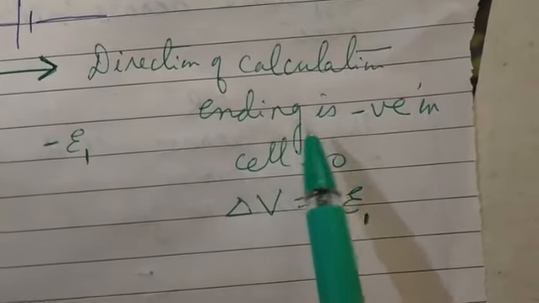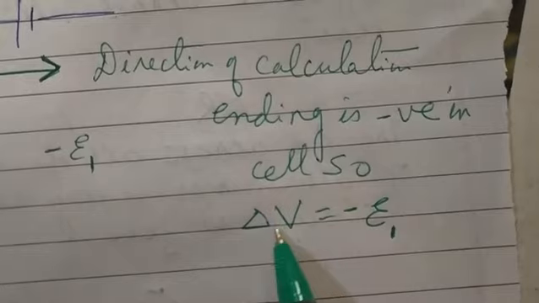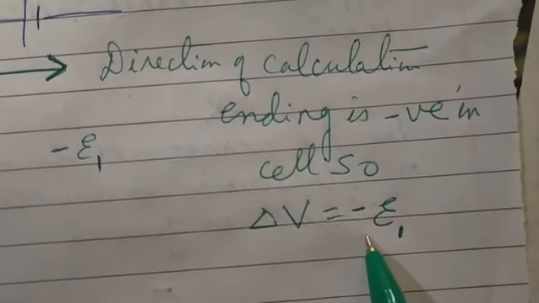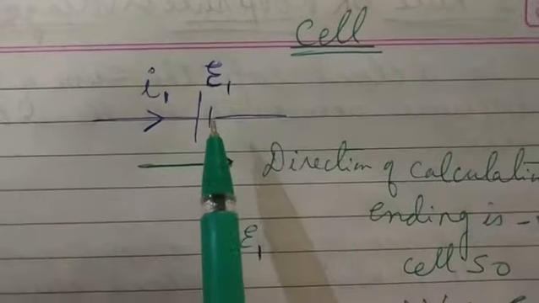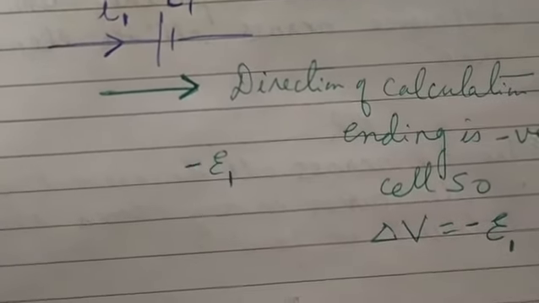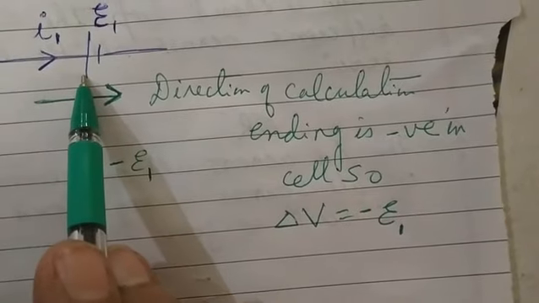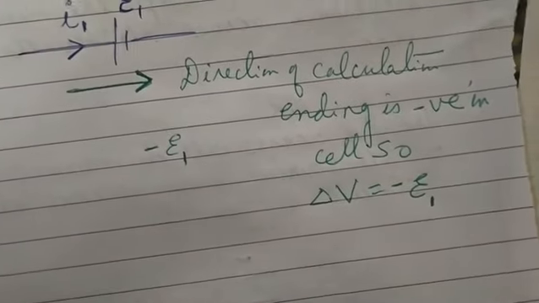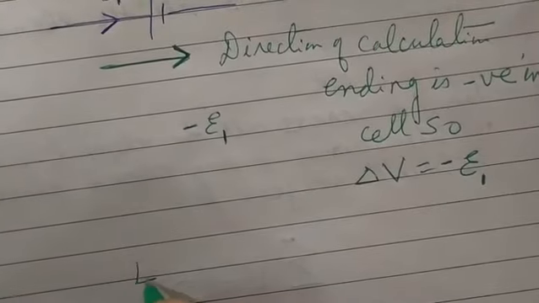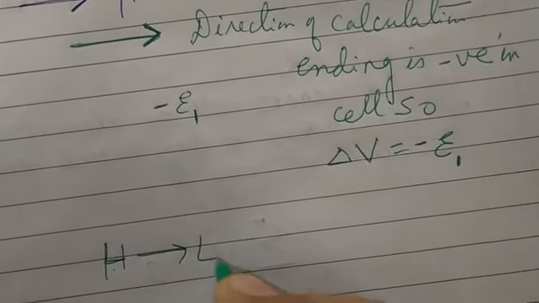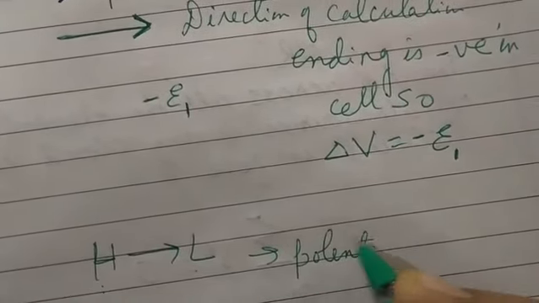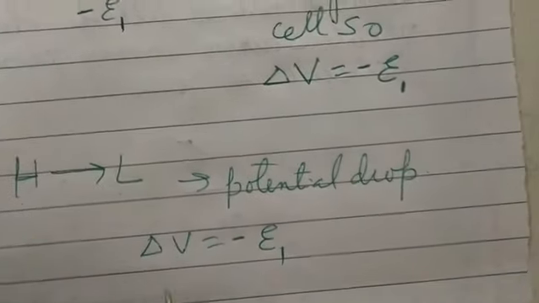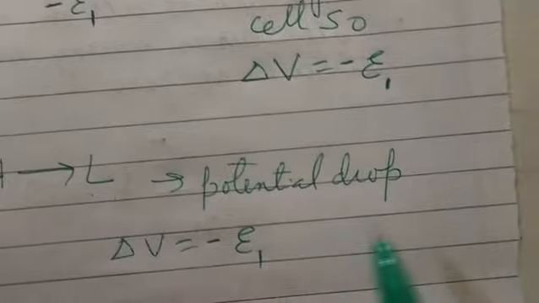The direction of calculation ending is negative in the cell, so delta V is equal to minus E1. Or if you want, you can understand it like this also. This is positive, so this is higher potential and this is lower potential. If current is flowing from higher potential to lower potential, then there is a potential drop.